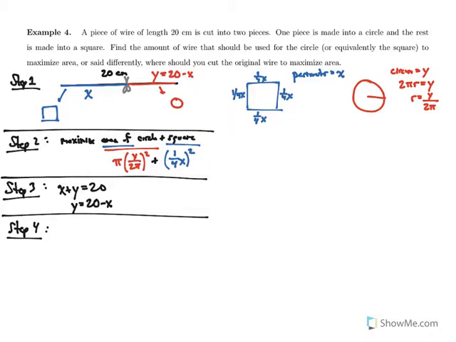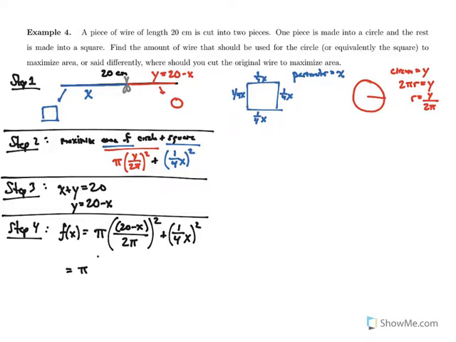We have y equals 20 minus x, so our function that we're trying to maximize is going to be pi times (20 minus x over 2 pi) squared plus 1/4 x squared. And let's simplify this function now.